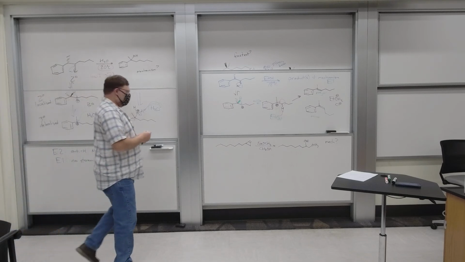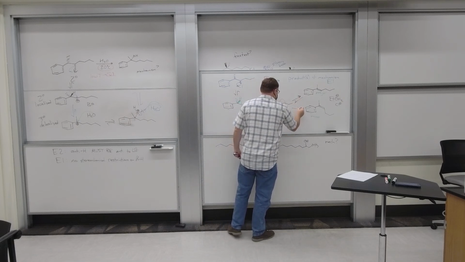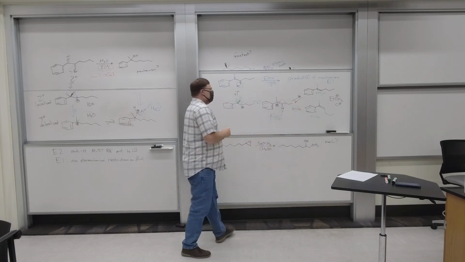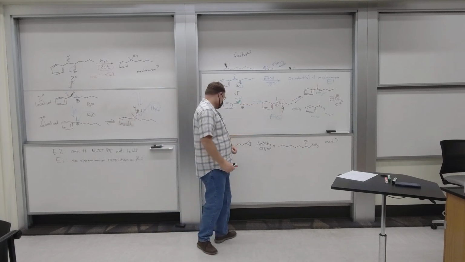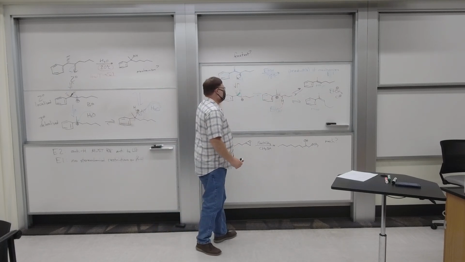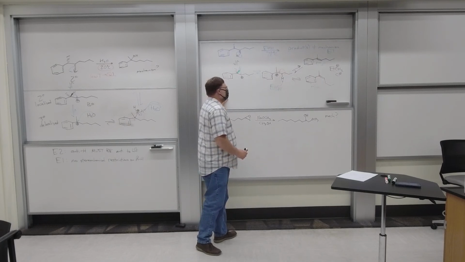And what happens, that means all these steps can reverse. And that's why, anytime you have, let me try to draw this a little more generically, because this is kind of an important chemical principle.